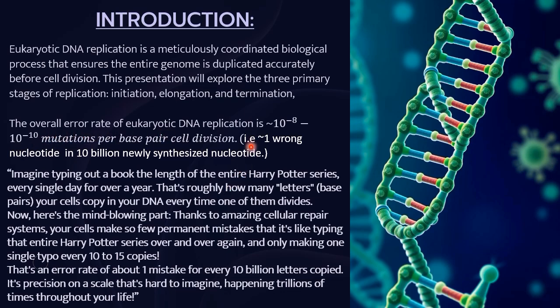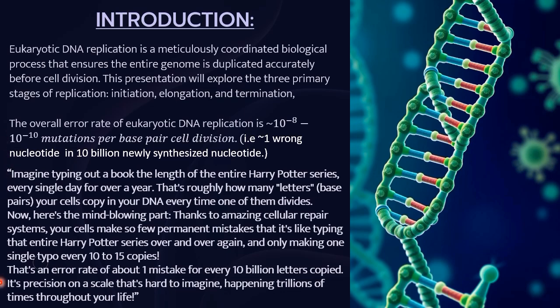To put it into perspective, roughly one wrong nucleotide is added for every 10 billion newly synthesized nucleotides. So we can say that this mechanism is so accurate that no human has ever created any kind of machine which can work at this accuracy or efficiency.